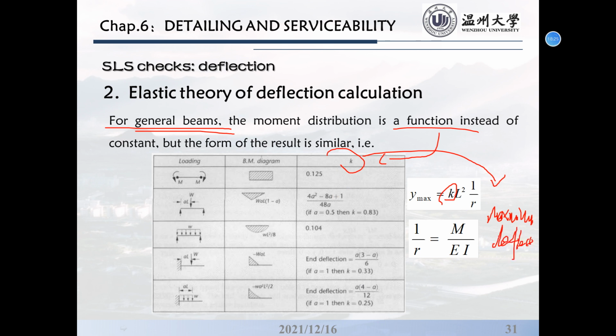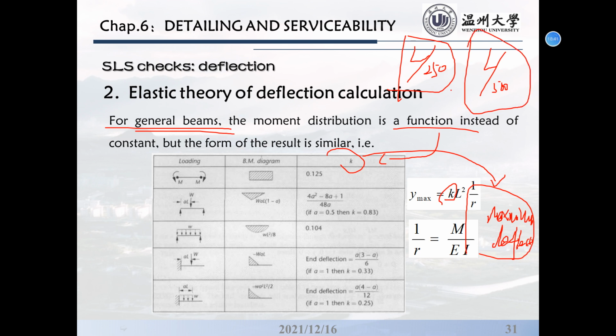If we get the maximum deflection, then we can compare it with the span divided by 250, this index, to check whether it is satisfied or not, right? The problem will be solved.